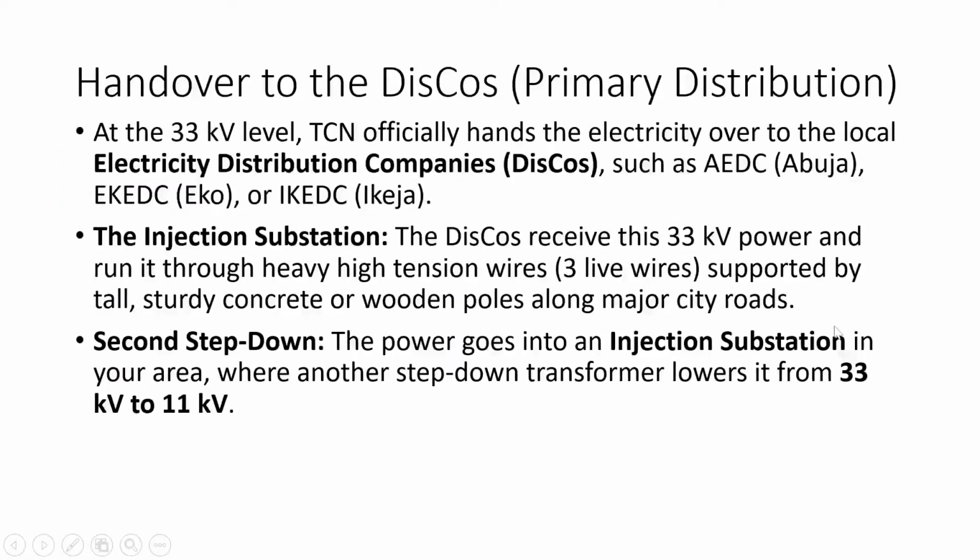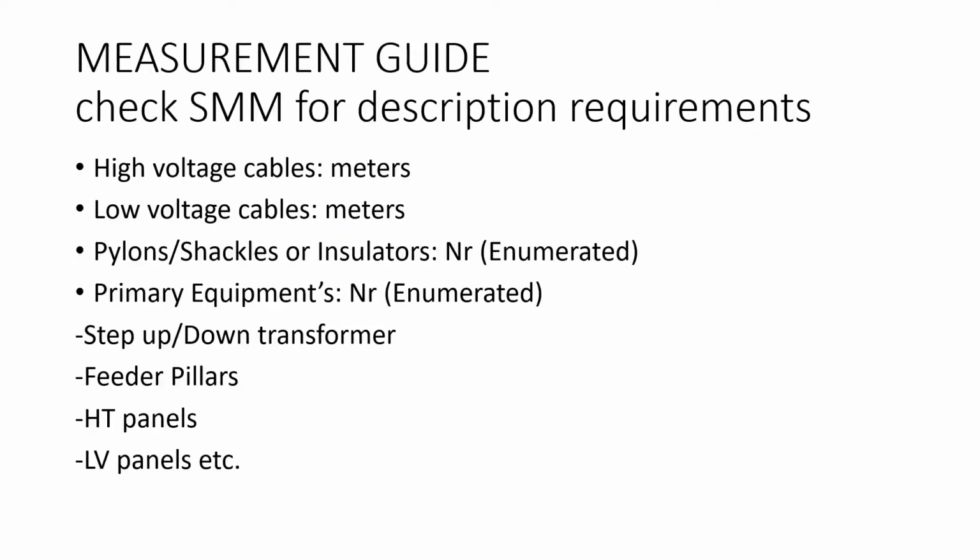So to measure that, all you just need to do is to count the number of pylons and then describe whether the pylon is going to be a steel pylon or a concrete pylon. When I say pylon, I mean pole. A concrete pylon or a wooden pylon. You describe it so that the builder can know, or so that when they are procuring those poles, we can know what exactly we are going to buy in the market.